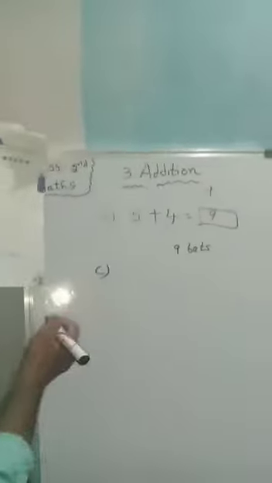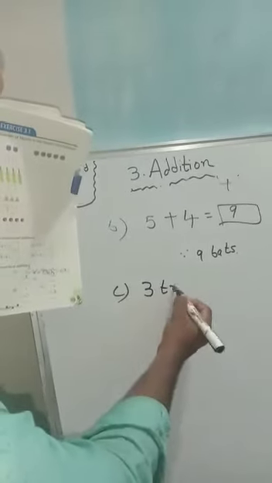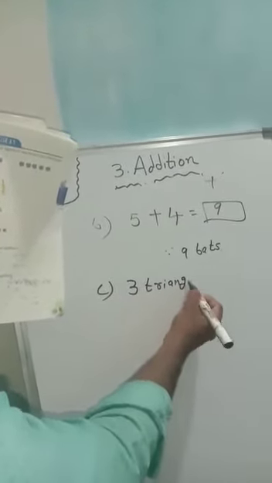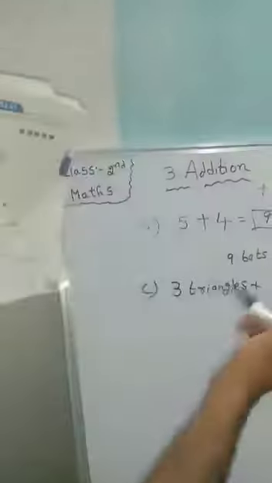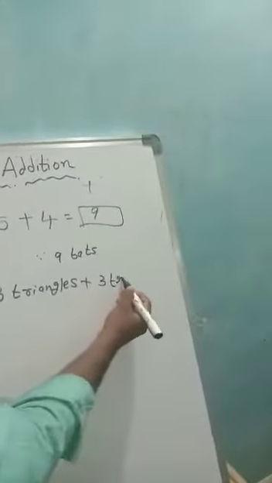Now we are going to see the next one. These are triangles. So here 3 triangles are there. 1, 2, 3. 3 triangles. Plus here also 3 triangles. 1, 2, 3. Plus 3 triangles.